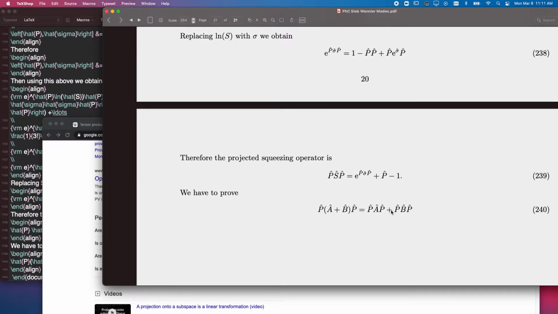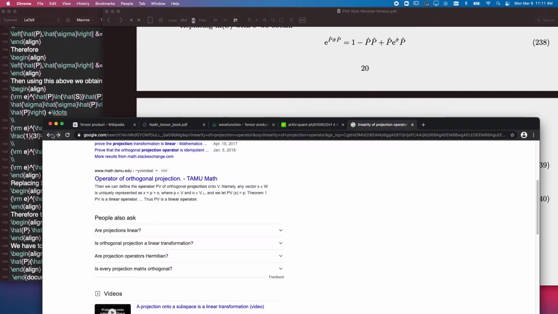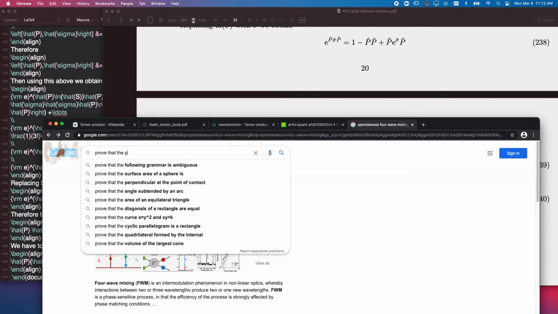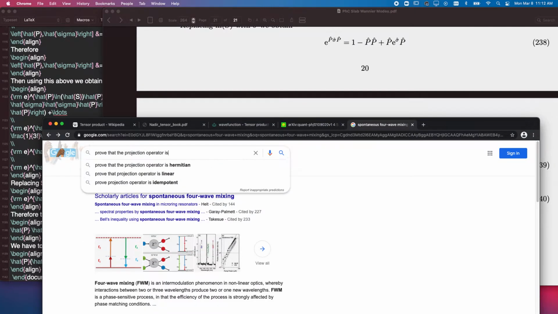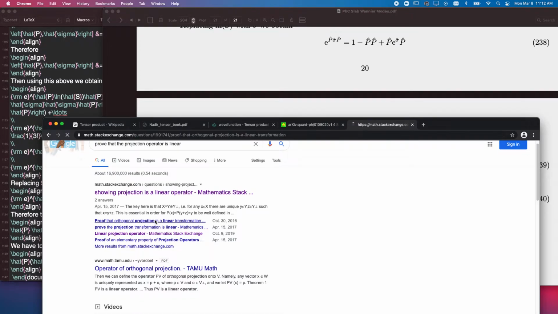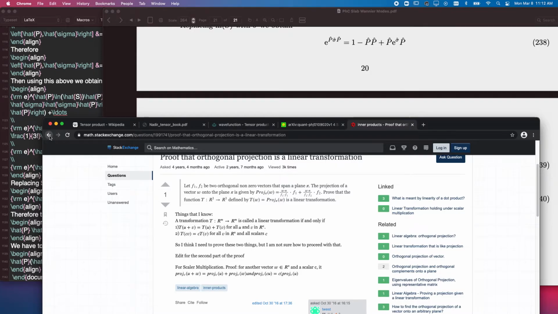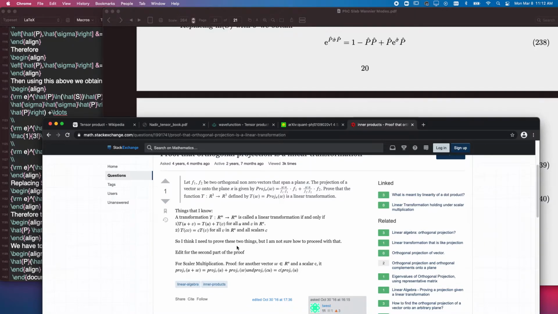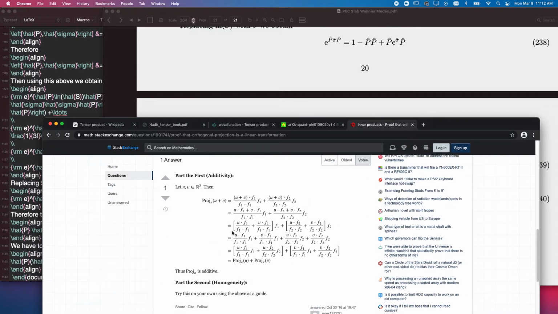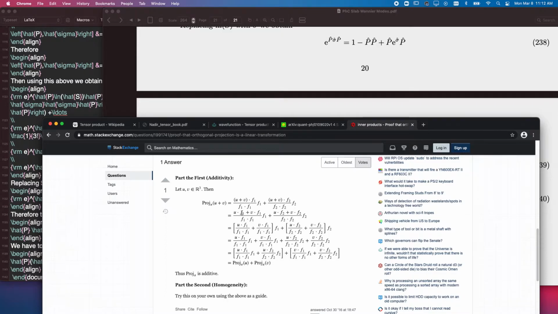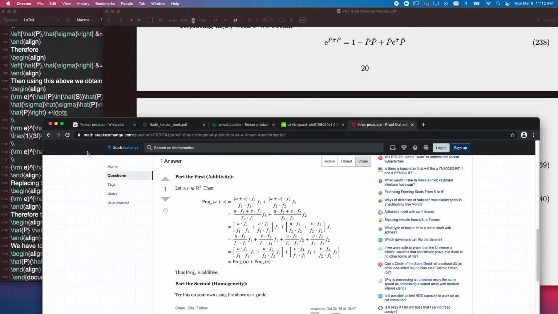How can I prove this? So if I put... So prove one projection.